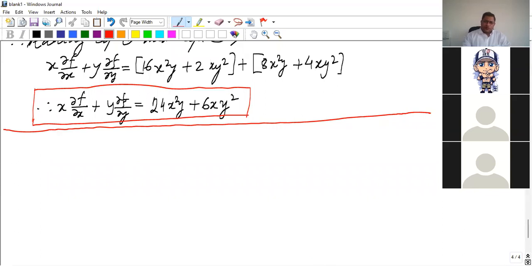Now we need to understand what happens if we know more information about this function. Suppose I know some property of the function, or something more about it. Right now we have not considered anything about the function.